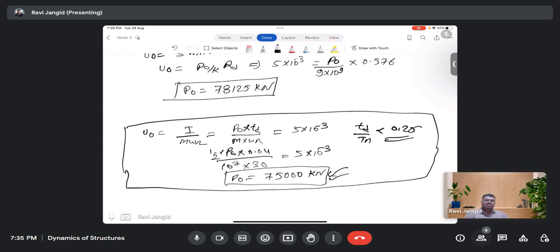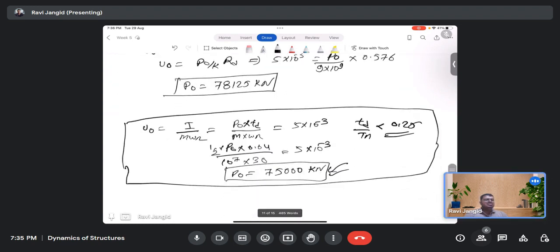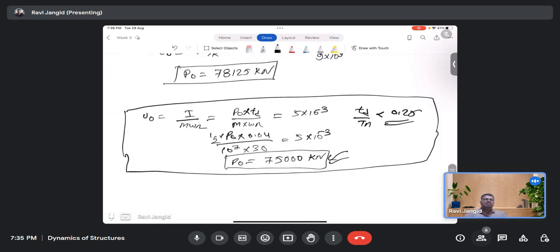Suppose, for example, the TD by TN value is 0.3. In that case, it is greater than 0.25 but less than 0.371, so then you need to follow this procedure with RD. This is applicable only then. This is a good observation from your side.